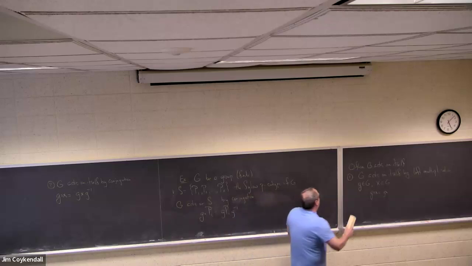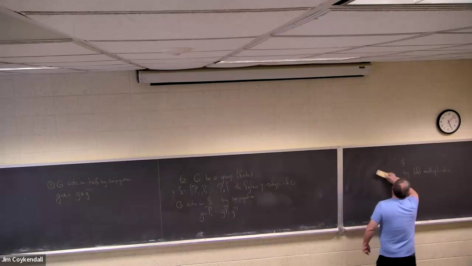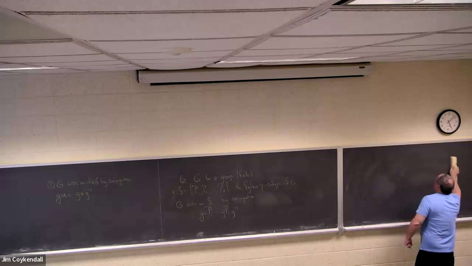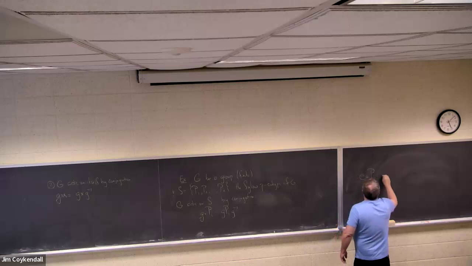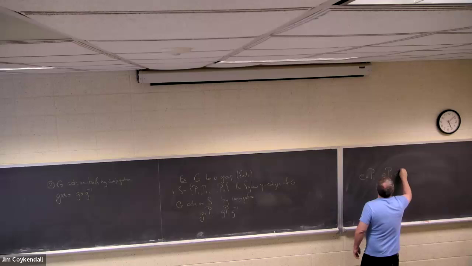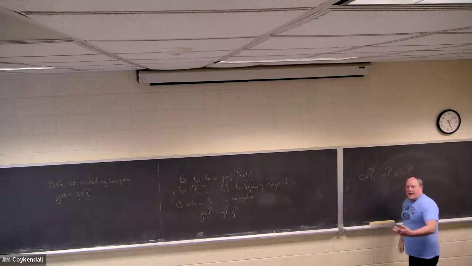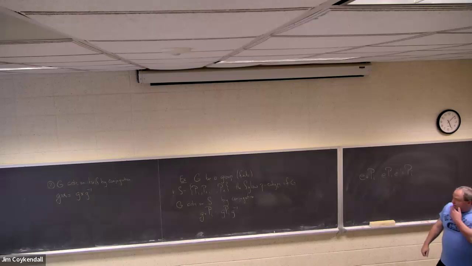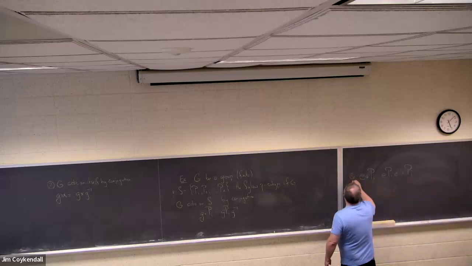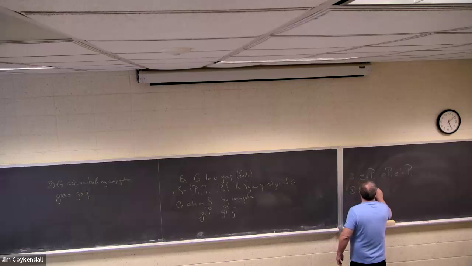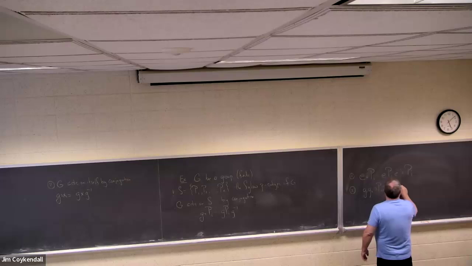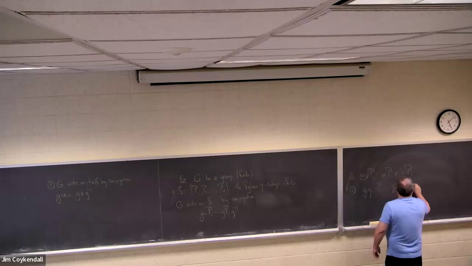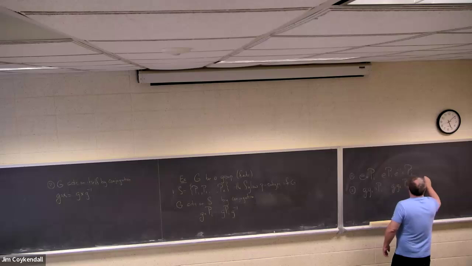And this is an action because if you have e acting on P_i, this is e P_i e inverse, which is P_i. So the identity is left alone. And number two, if you have g1 g2 acting on P_i, this is g1 g2 P_i (g1 g2) inverse.